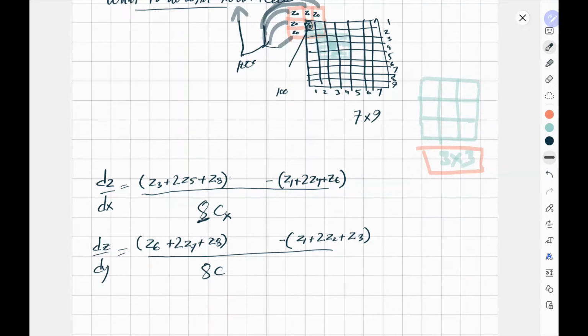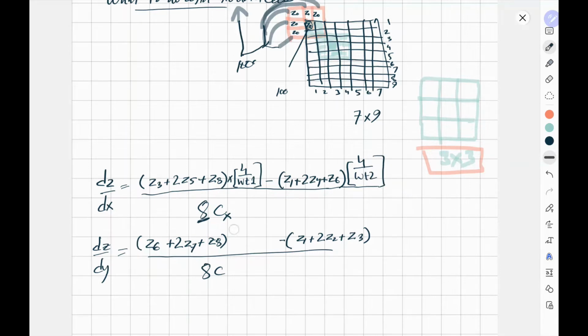Sometimes that modified form is also used, that you multiply it here with 4 divided by weight of 1, and same thing you do here, you multiply it with 4 divided by weight of 2.